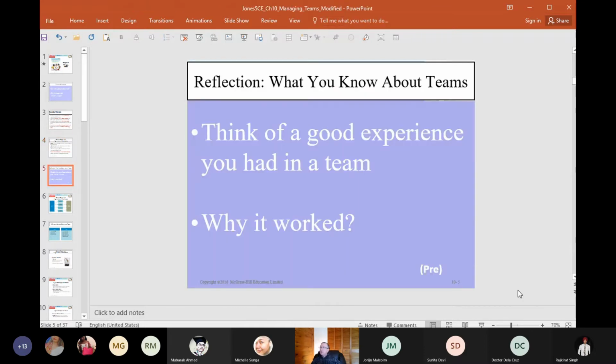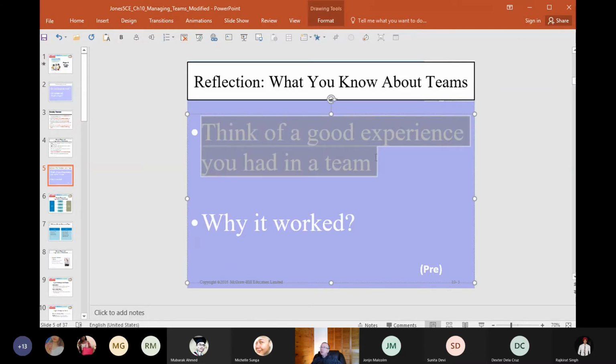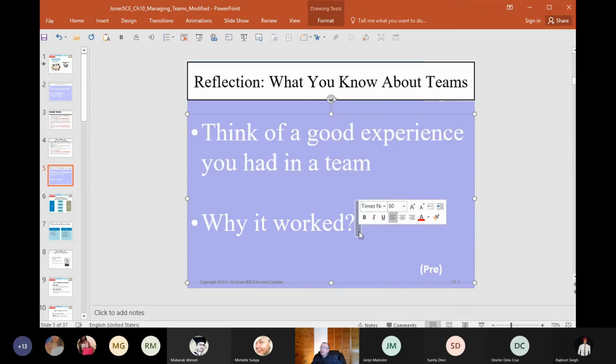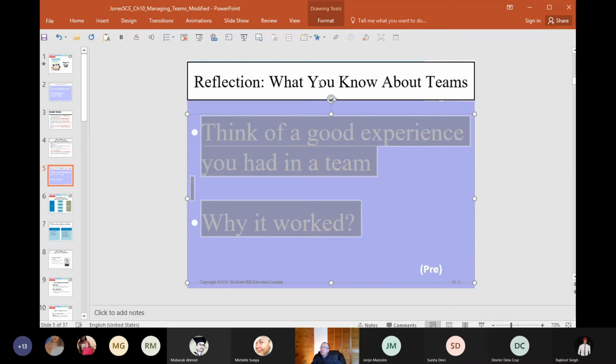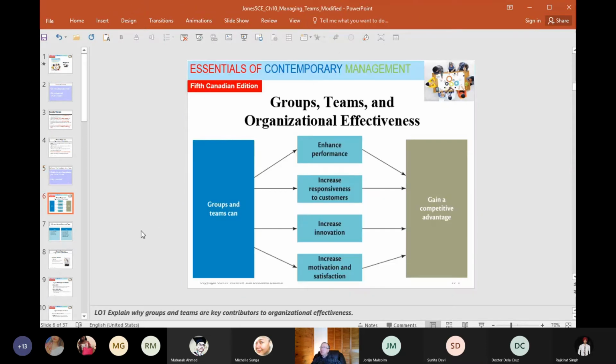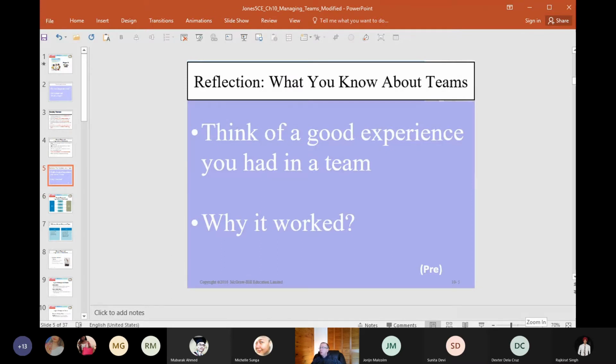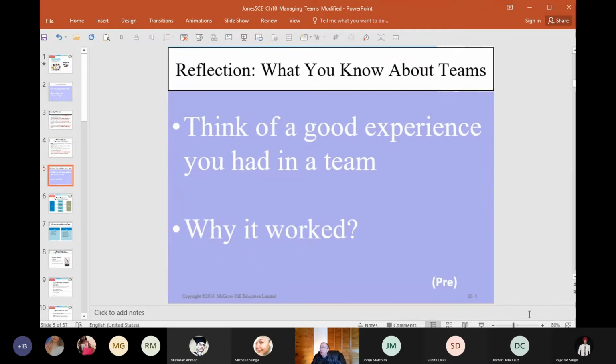When we consider this, I would like again to ask for your input. The first input is: think about a good experience you had in a team and why it worked. It's interesting to reflect on your own experience, because we all experience teamwork at some point.